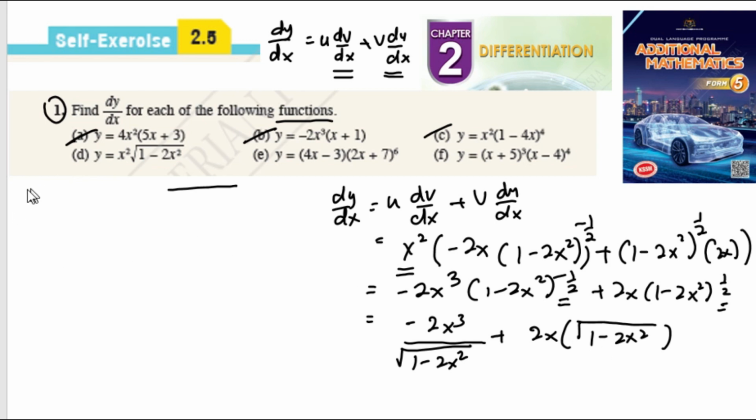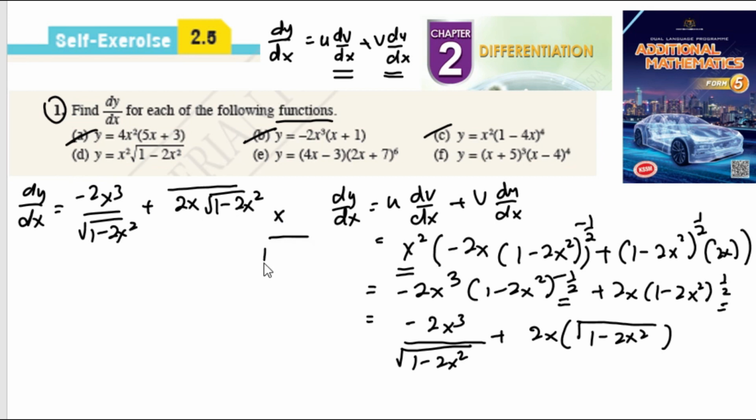So here dy over dx is equal to negative 2x cubed over the square root of 1 minus 2x squared, plus you multiply this one with this one, 2x times the square root of 1 minus 2x squared, times the square root of 1 minus 2x squared.